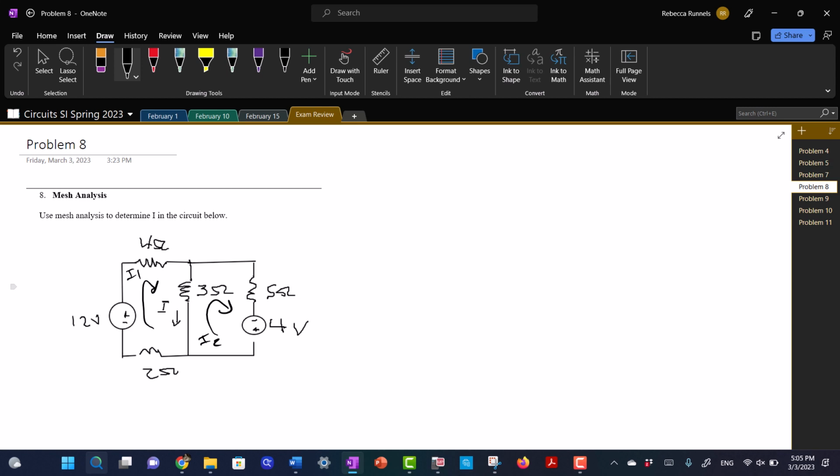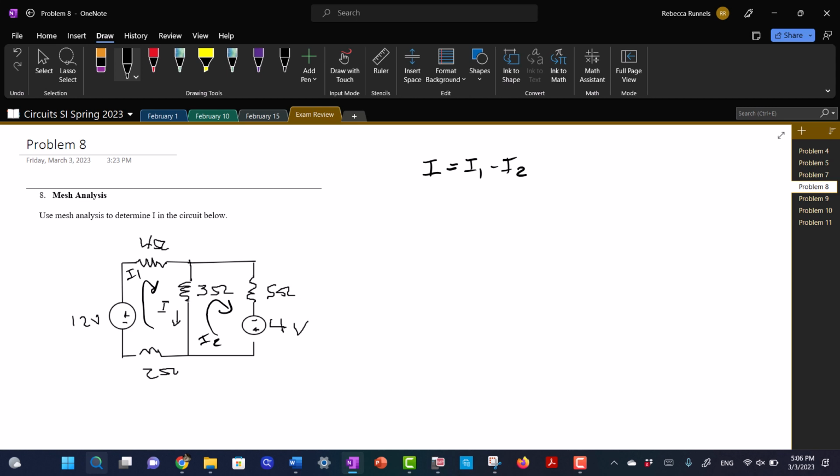And I is a combination of I1 and I2, because both I1 and I2 go through that middle branch. When we get to the end, we're going to say I equals I1 minus I2. Okay, so let's write our mesh equation for the first mesh.